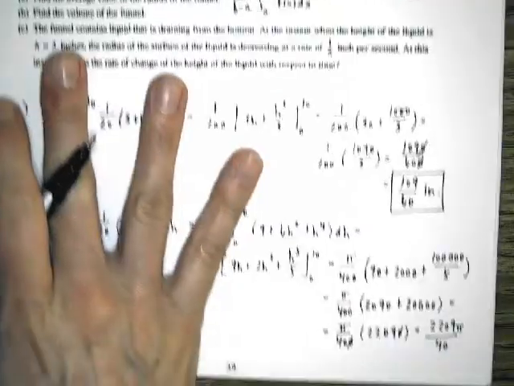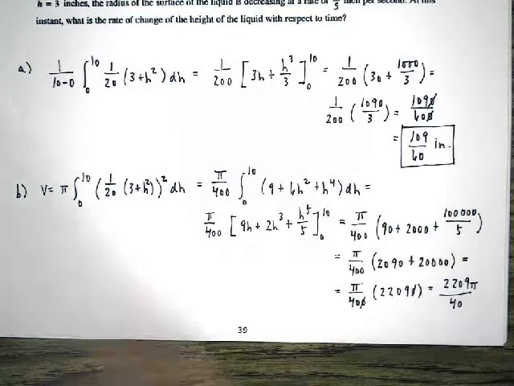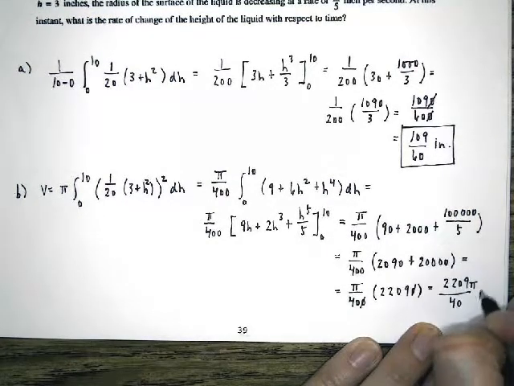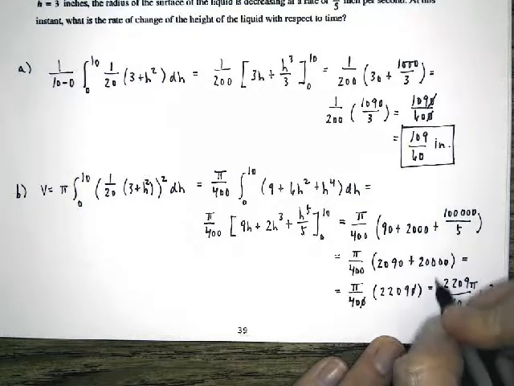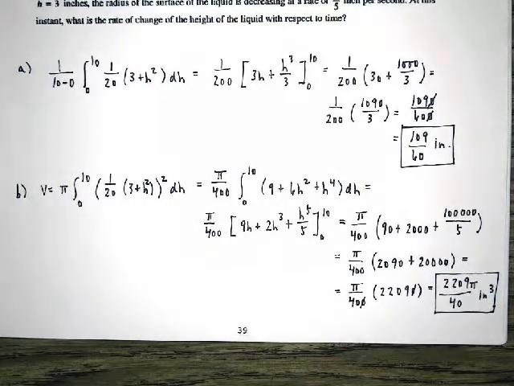I haven't been paying attention to the paper. So 2,209 pi over 40, and since this is volume, my units are inches cubed. All right, and one last piece to this now, and I'm going to cover this up so I can get the problem back in view here.